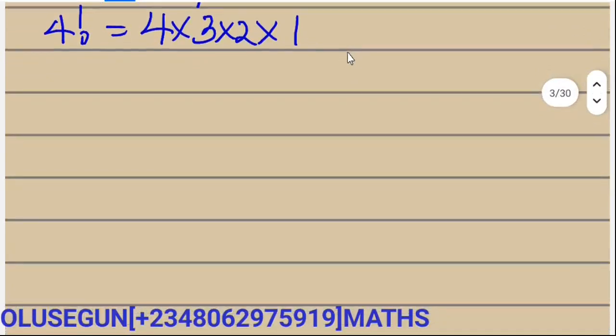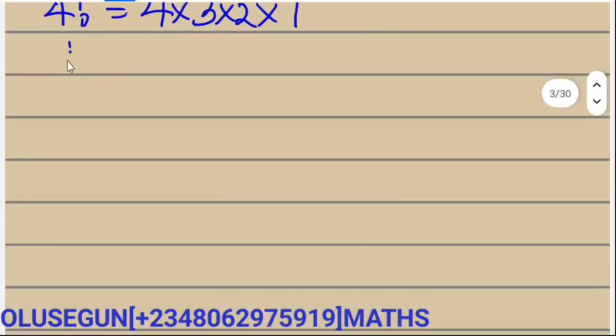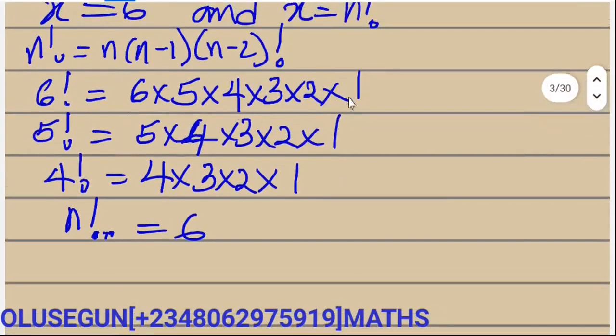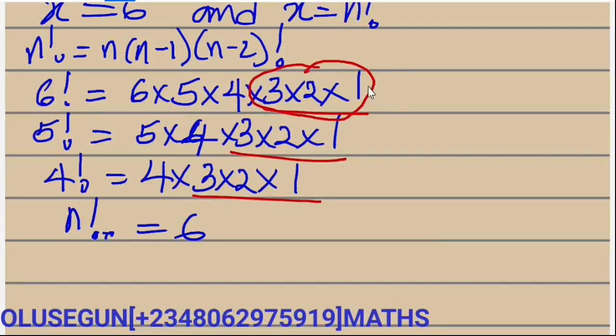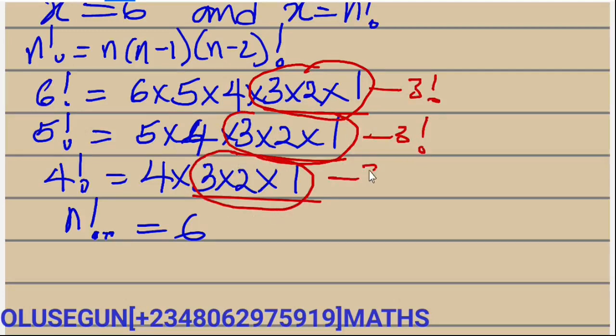And the question says that n factorial is equal to 6, so let's find the factorial that is equal to 6. Let's notice that 1 times 2 times 3, let's underline here, this 3, 2, 1 we can turn into 3 factorial.